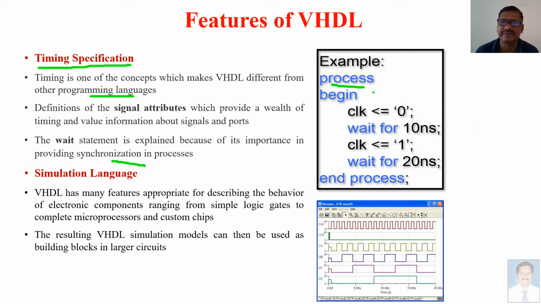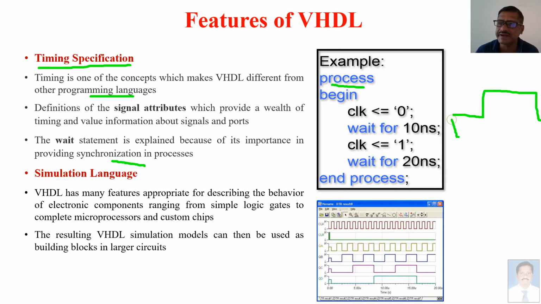Means in this case, we are able to generate the waveform which has clock equal to 0 for 10 nanosecond and clock equal to 1 for 20 nanosecond, and the same is repeated again and again.